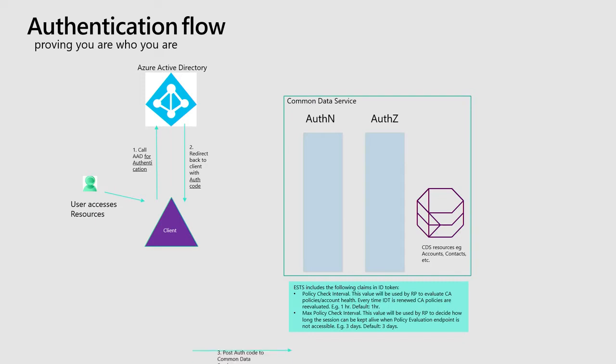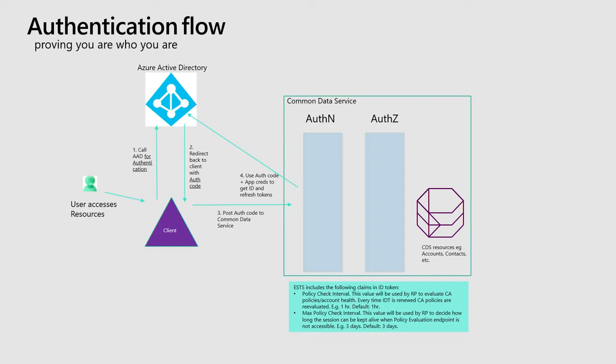The client passes it into CDS. In the CDS world, I have what we call two stacks that deal with security, the authentication stack and the authorization stack. In the authentication stack, we take the auth code that we got from Mary, and we don't just take any auth code and go to AD and say, give me a credential.